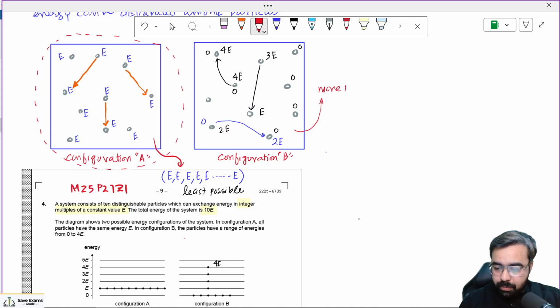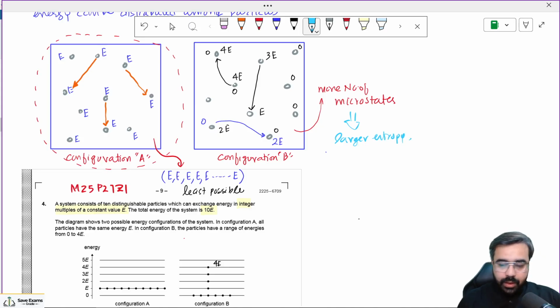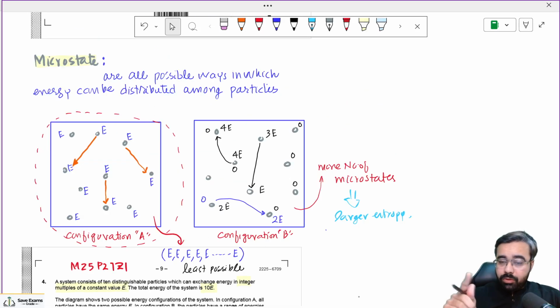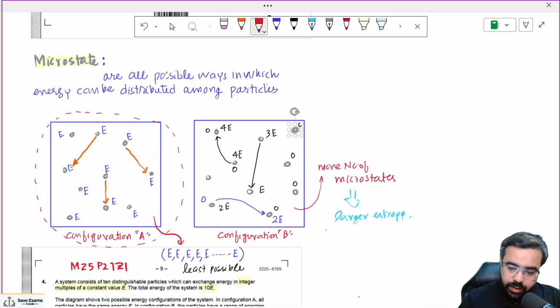When it has more microstates, obviously it should have the larger entropy. But I will explain with another diagram, dear students. So this proves that it has more microstates. Before I move to the next method, notice that the macrostate is the same.